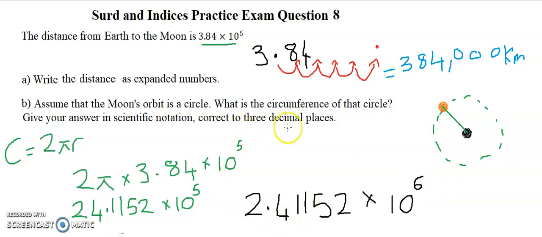But it says correct to 3 decimal places. I've got 5. So because it's 52, I'm going to round it up. So it'll be 412. So 2.412 times 10 to the power of 6.